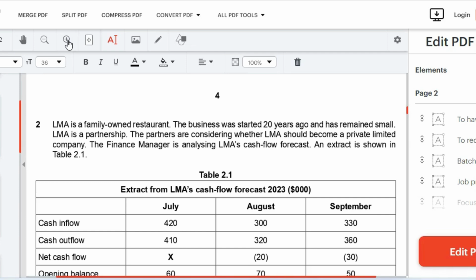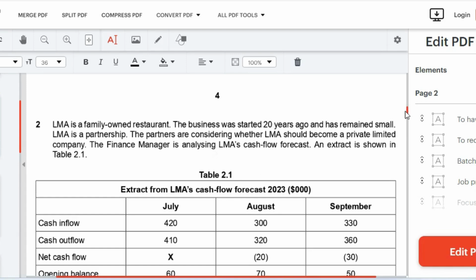The finance manager is analyzing LMA's cash flow forecast. An extract is shown in Table 2.1, the table we are seeing below, the extract from LMA's cash flow forecast for 2023 in $1,000.